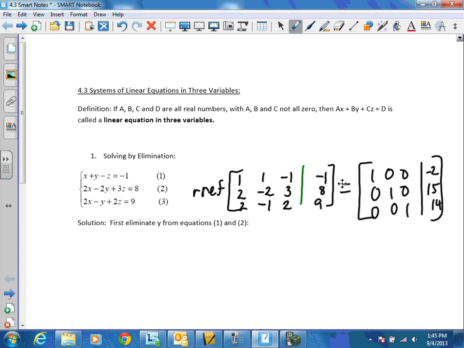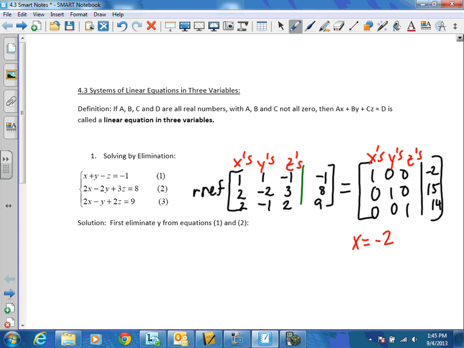So back here, when I put all of this in, these were my X's, these were my Y's, these were my Z's, right? So it said 1X plus 1Y minus 1Z equals -1. So when I go look here again with my X's, my Y's, and my Z's, this line says what? 1X, no Y's, no Z's equals -2, so X equals -2.